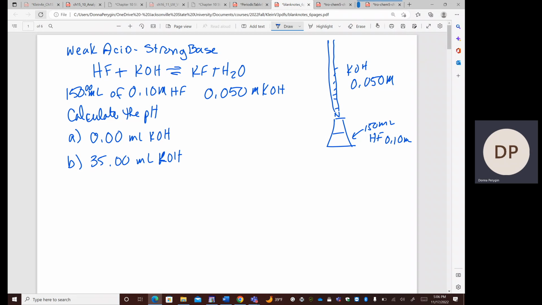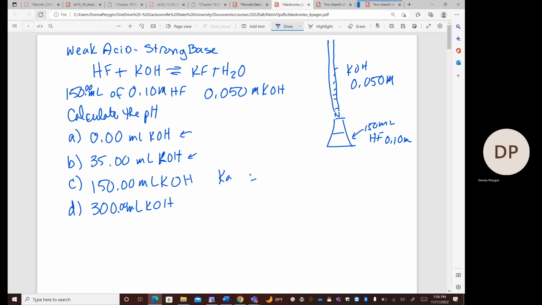So at the beginning of our titration, before we add any KOH, is point A. And the Ka for HF is equal to 6.6 times 10 to the minus fourth.